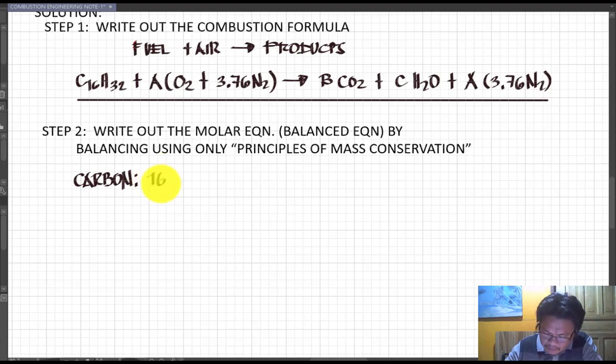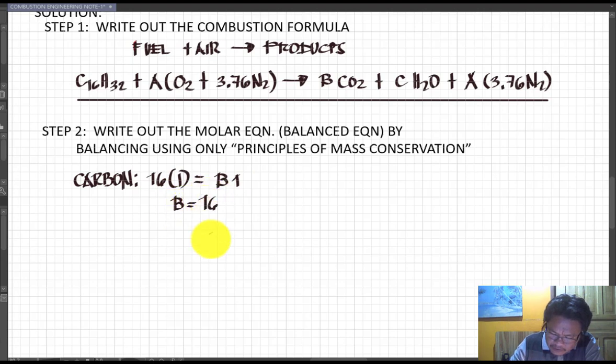We have 16, so multiply the value here, that will be 1. Since we have no given here, we have mass. Then it is equated to our product, so that will be B. Since the molecules here is also 1, we're going to multiply this 1 by 1. Then we have the value of 16 for the value of B.